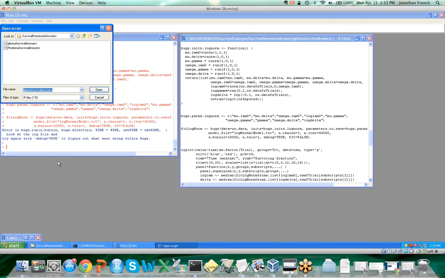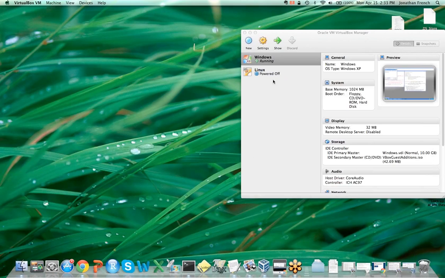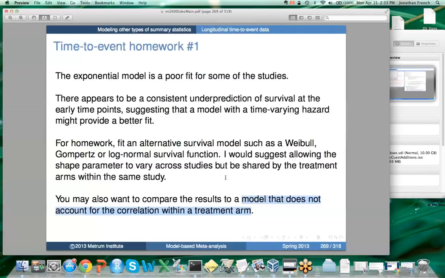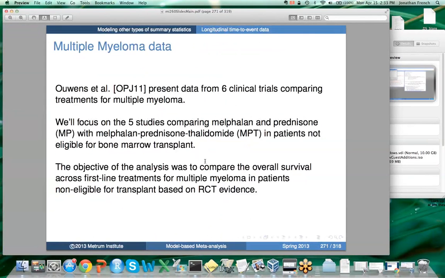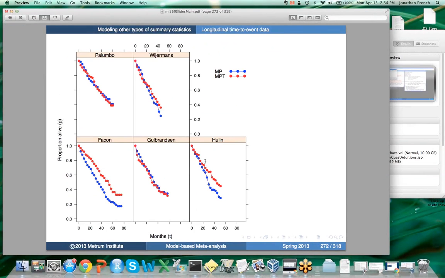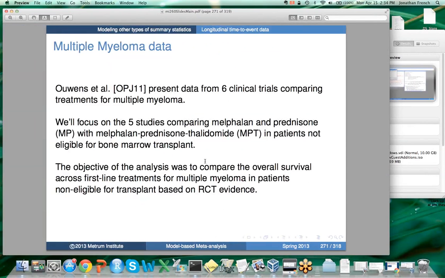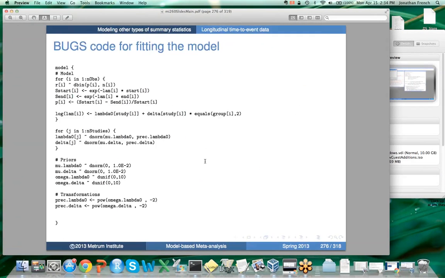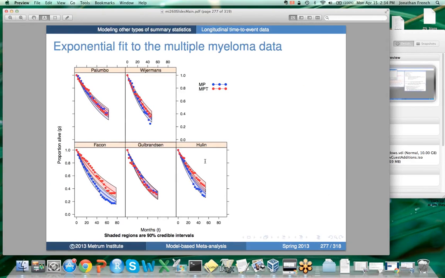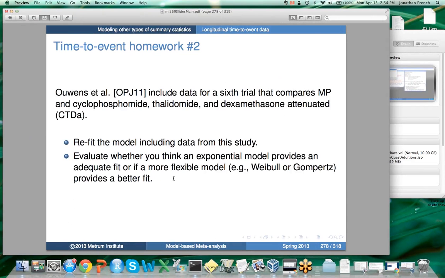So for the second homework problem, if we come back to the example, we had these multiple myeloma data from 6 studies, where we're modeling overall survival and comparing two treatments in the course notes. As the homework, we're asking you to compare the 3 treatments that were available in the data set.